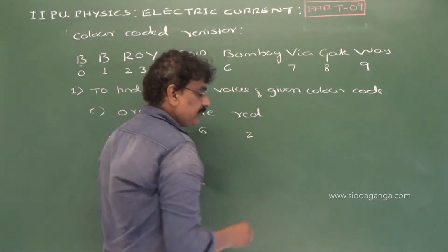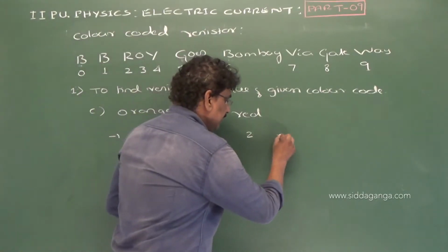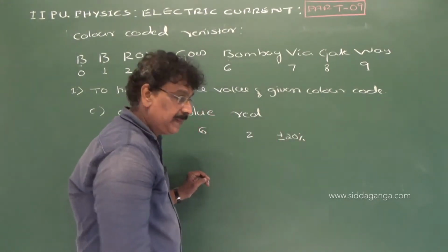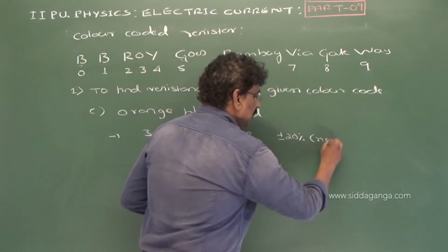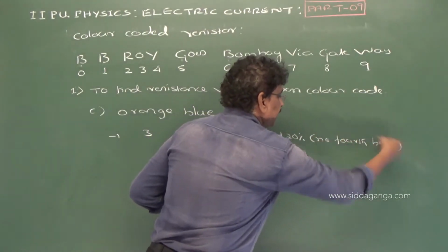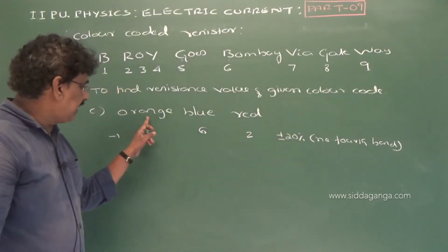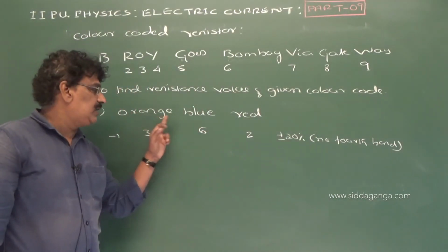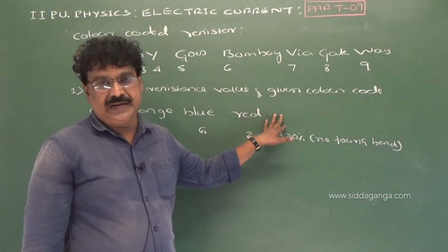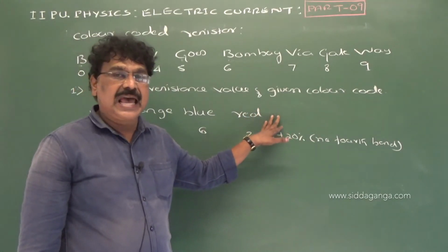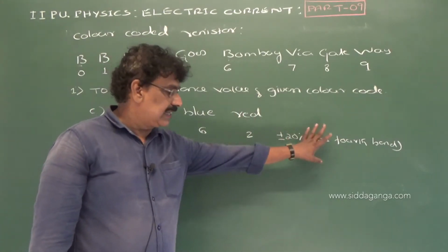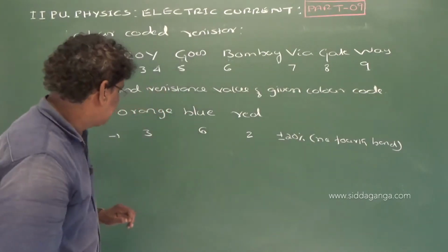And here this is plus or minus 20%. Why? Because no fourth band, right? There are only 3 color codes here: orange, blue, red. So fourth band is absent. Fourth band is absent means the tolerance is plus or minus 20%.